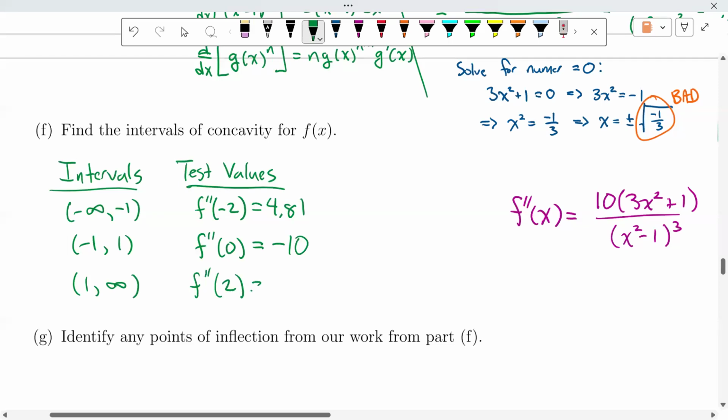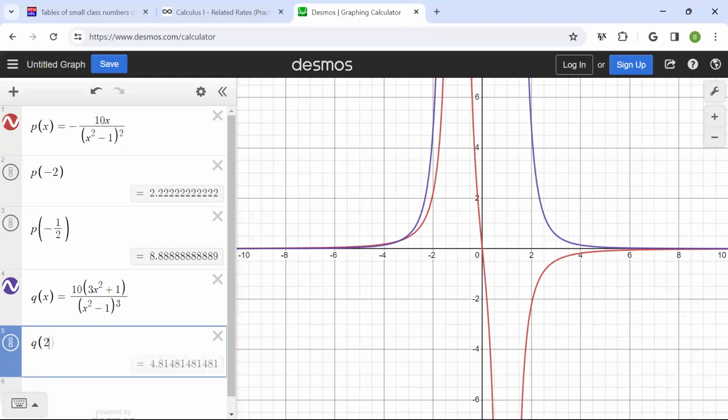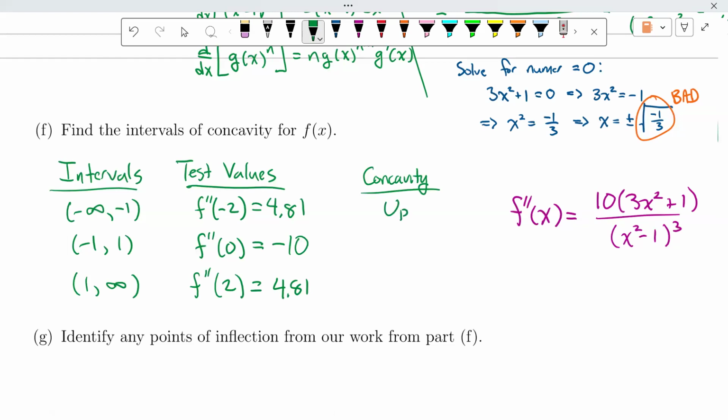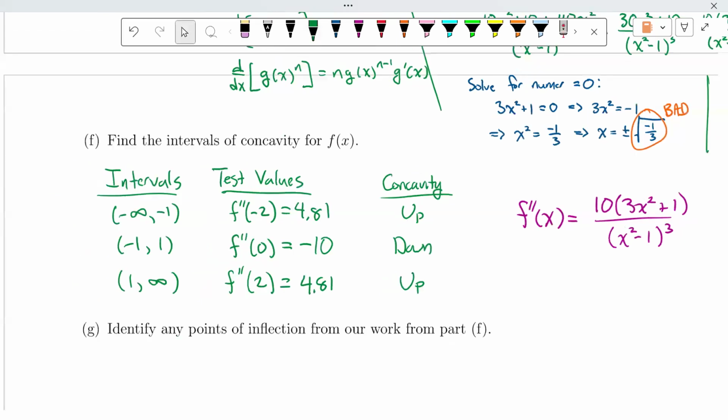Now if I plug in 2, I imagine I'll get 4.81 again. I do. And so now if I want to look at the concavity, I can see that it's up, down, and then up. There we go. This is a long problem, isn't it? All right, up, down, up.